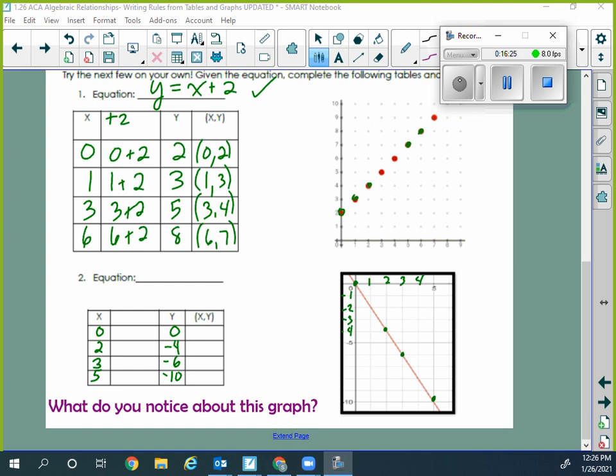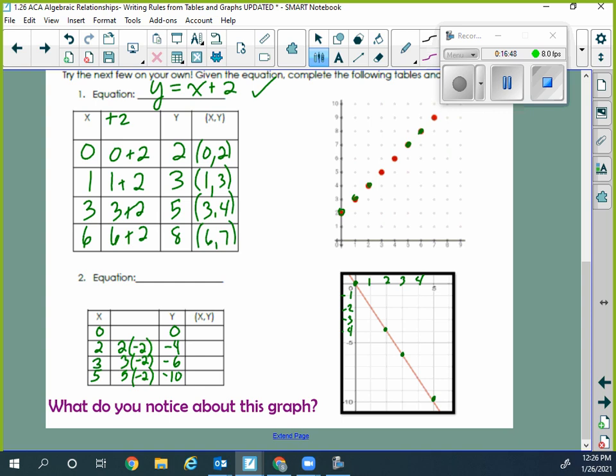We're multiplying, right? By what? By -2, because 2 times -2 is -4, and 3 times -2 is -6, and 5 times -2 is -10. So yes, it would be true here as well.